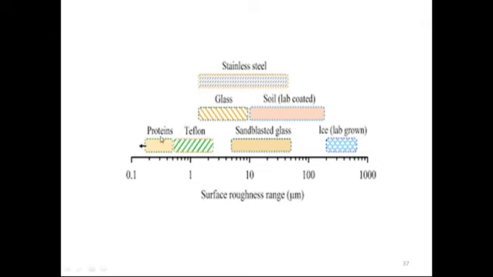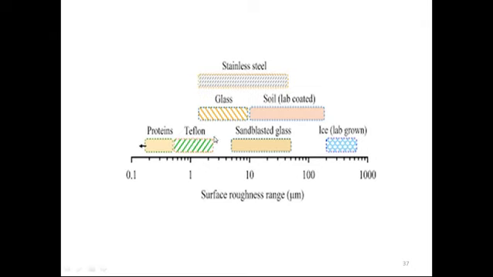Now if you see this protein material, you will observe that its surface roughness falls under the range 0.1 to 1 micrometer.